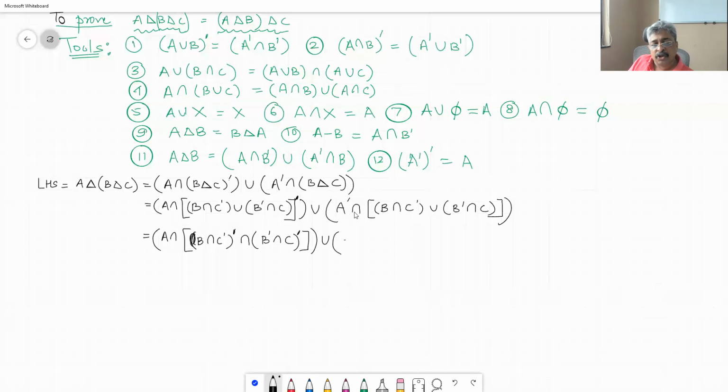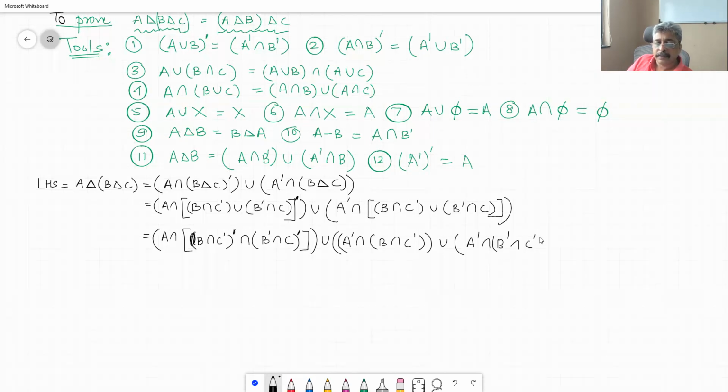Now I can distribute intersection over union. So A intersection B, A dash intersection B intersection C dash union A dash intersection B dash intersection C dash.